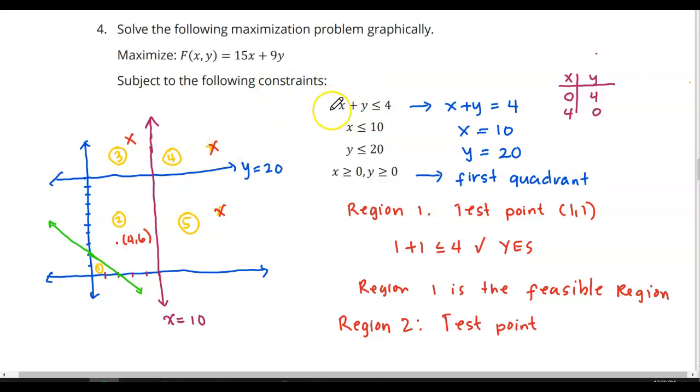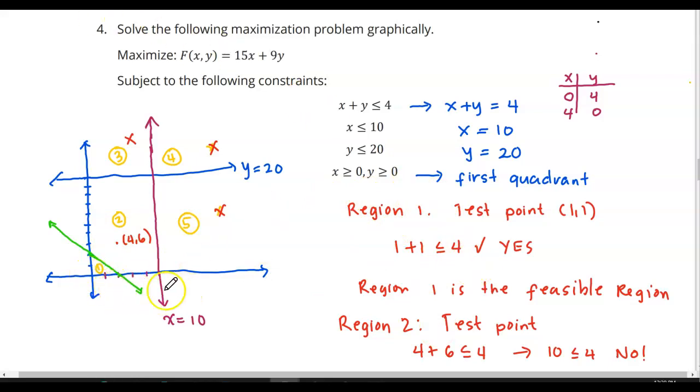Then you plug it in here. So if x is equal to 4 plus 6, is that less than 4? We know that 4 plus 6 is 10, and that is not less than 4. So region 2 is not a feasible region. So we have verified that between 1 and 2, region 1 is the feasible region.